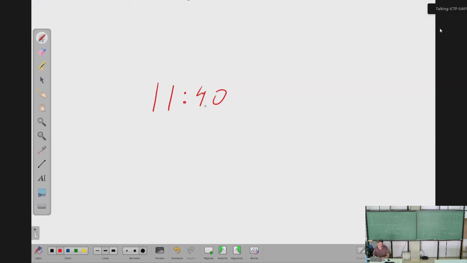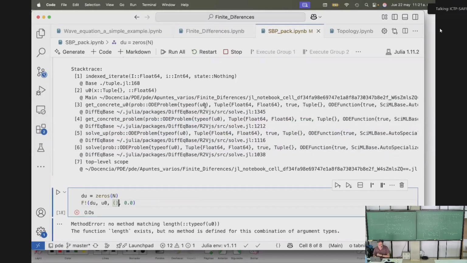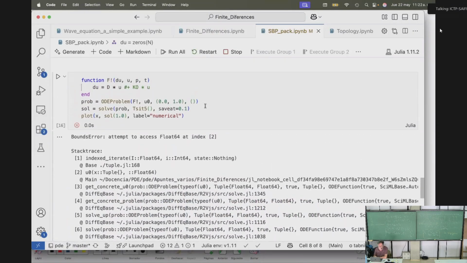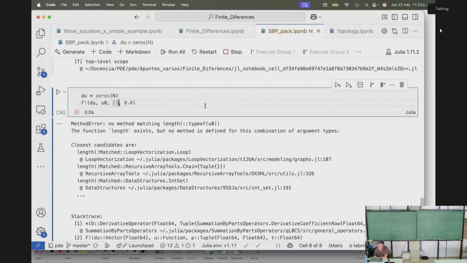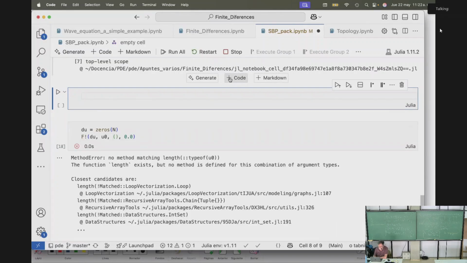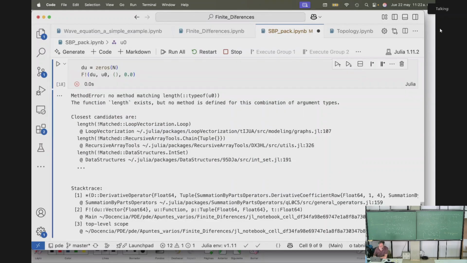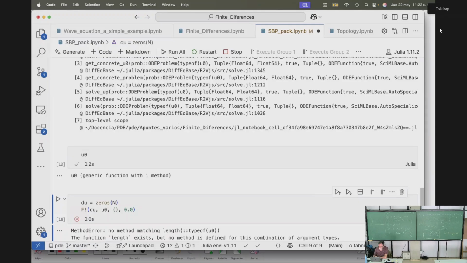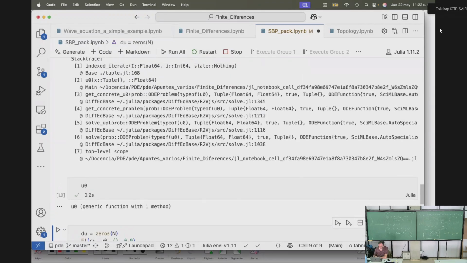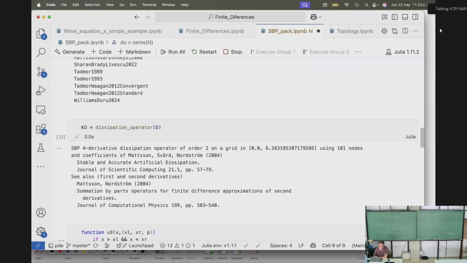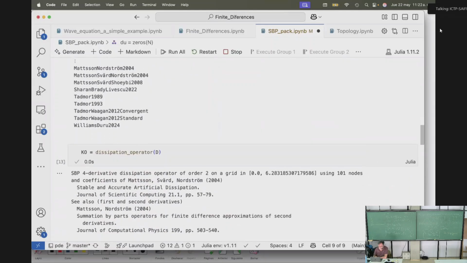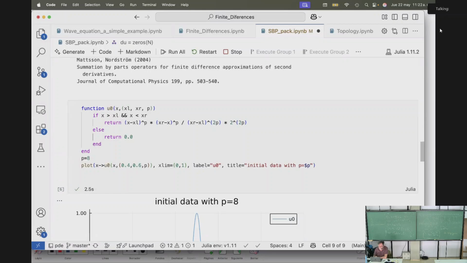So we meet at 11:40. So now I'm going to try to see what's going on here. Ah, okay. There is something wrong here. U0 is a function.